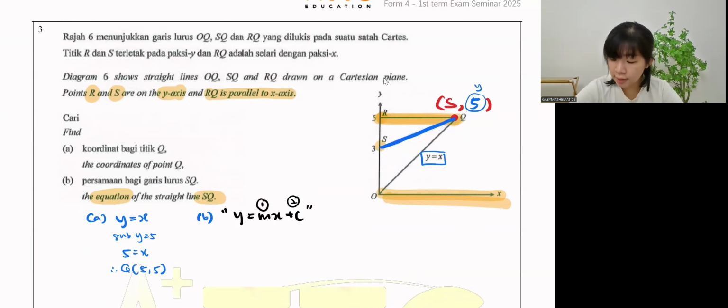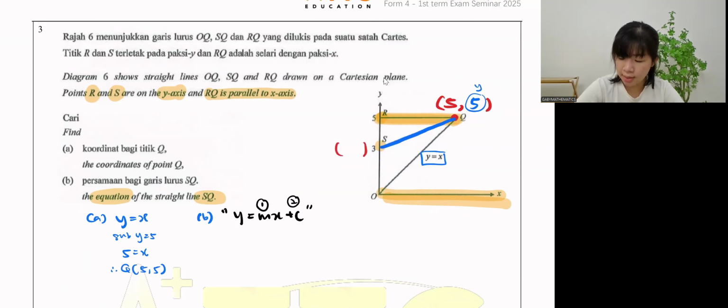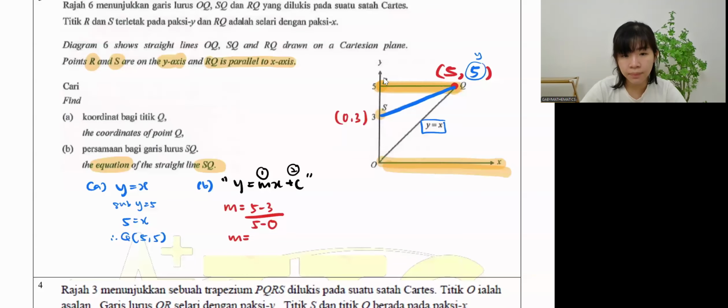We do have, yes. We have (5, 5), and the coordinate of S is (0, 3). Let's find m first. Always find gradient: y2 minus y1 over x2 minus x1. 5 minus 3 over 5 minus 0. So what is the gradient? 2 over 5. Okay, m done.